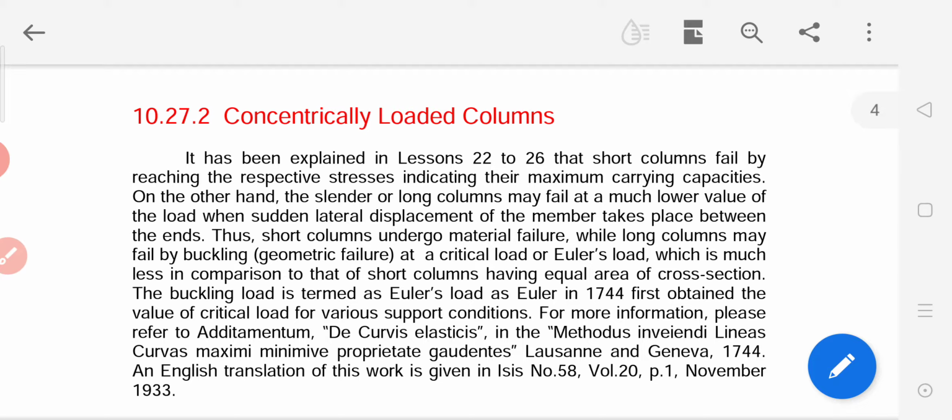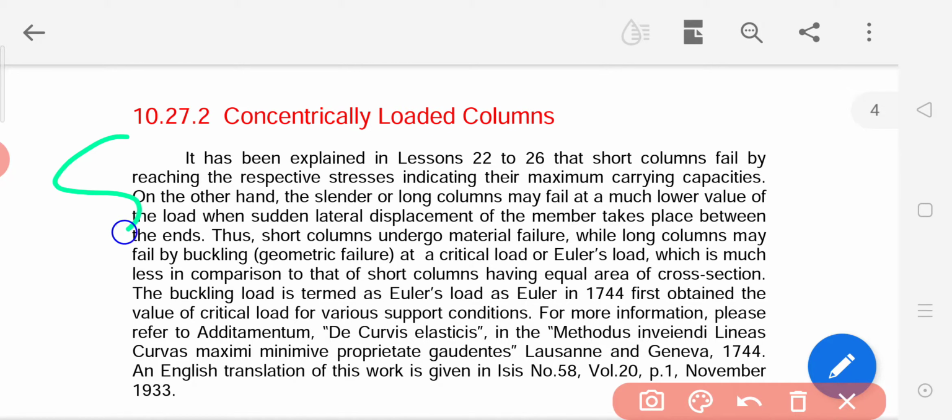In concentrically loaded columns, it has been observed that short columns fail by reaching the respective stress, indicating their maximum carrying capacity. On the other hand, the slender or long column may fail at a much lower value of load when sudden lateral displacement of the member takes place between the ends.